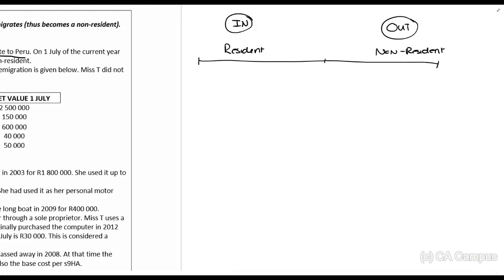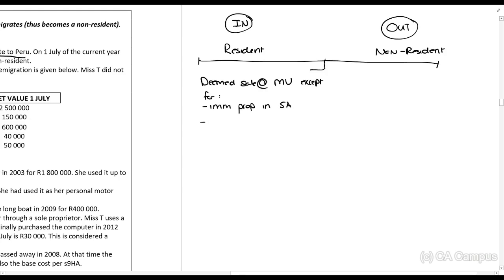So what does this mean for us? This means when this happens, so there's a deemed sale at market value, except for immovable property in South Africa and permanent establishment in South Africa.